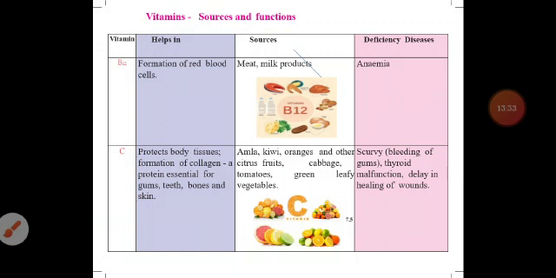Deficiency diseases caused due to lack of vitamin C are scurvy, which means bleeding of gums, thyroid malfunction, delay in healing of wounds. So vitamin C rich food is necessary in a diet.